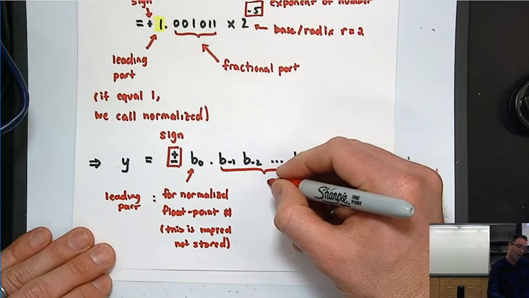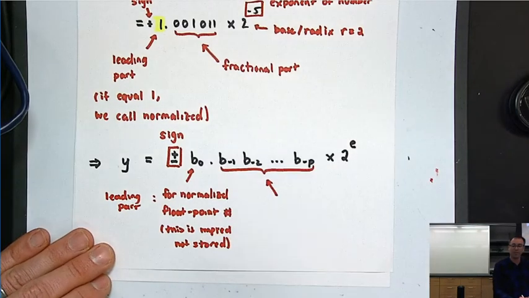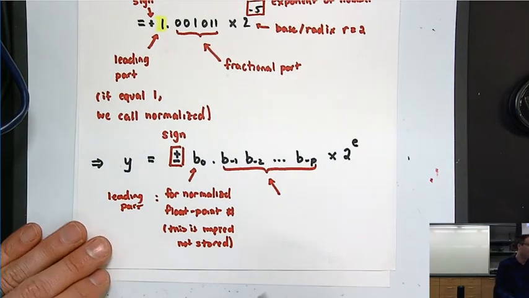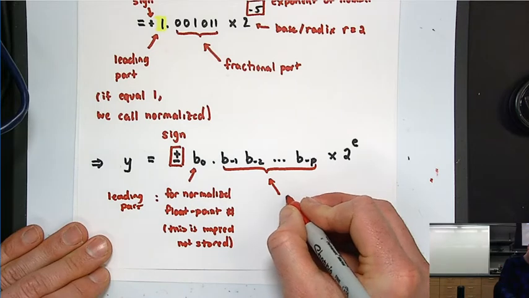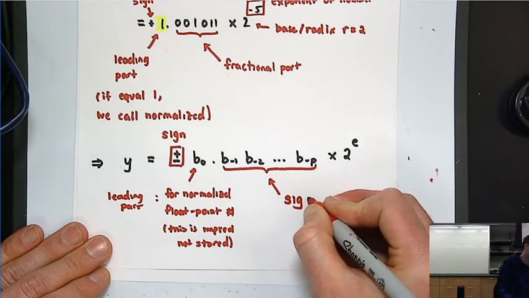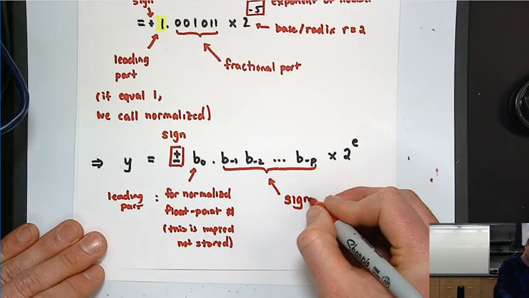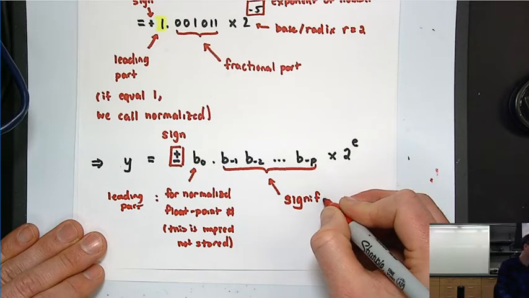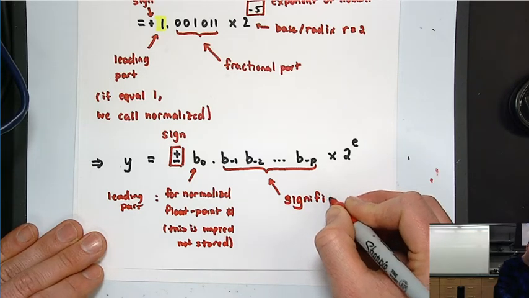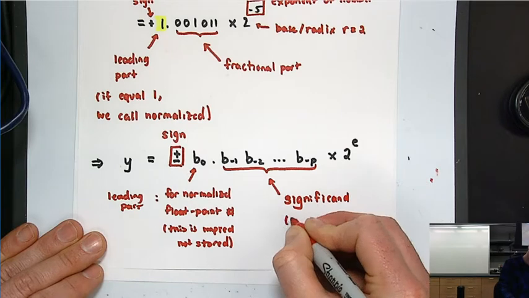Could you guess what we call that? Well, what did we call it up there? Yep. Fractional part. In notation done in scientific computation, we call this the significand. Some people call it the mantissa, but that's kind of old school language.